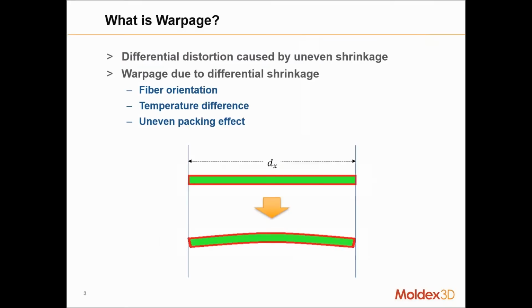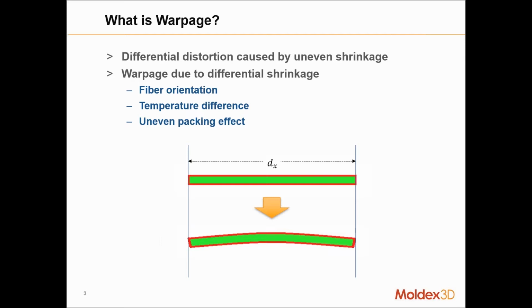Just a quick overview of what warpage is about, right? As almost everybody on the webinar here knows, warpage is nothing but uneven shrinkage in the part. Plastic material shrinks. When it doesn't shrink uniformly all across the part in all directions, that's when you can have warpage.